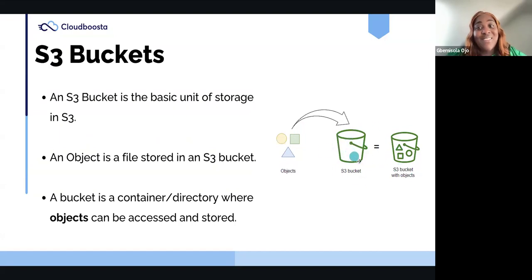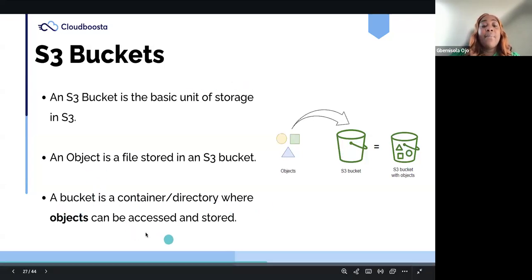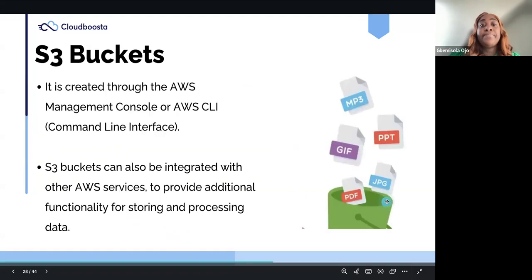It actually looks like a bucket, like the pail we used to use many years ago. All these objects are different files, MP3, MP4, and all of that can be inside an S3 bucket. So a bucket is a container directory where objects can be stored and accessed.